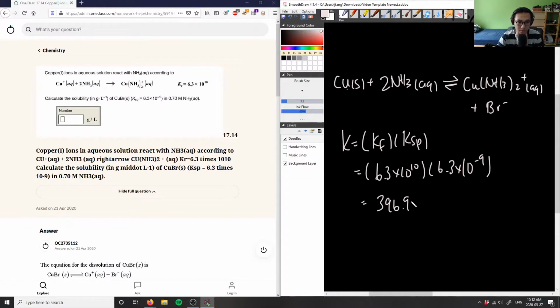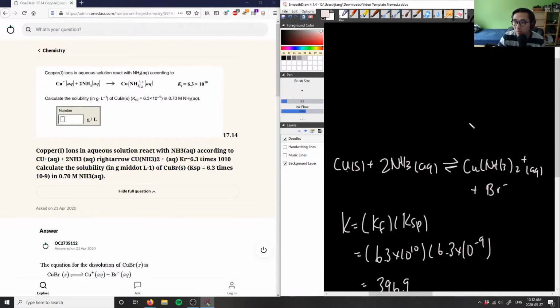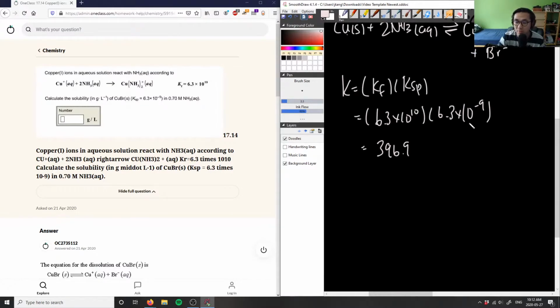So now what we can do is start using our ICE table, right? We have our K value here, so we can write down our equilibrium reaction and do our ICE table. Because I know it's in equilibrium, I know it's going to dissolve in something. We're given our initial concentration of ammonia, 0.70 molarity, and we don't actually know our concentration of copper.